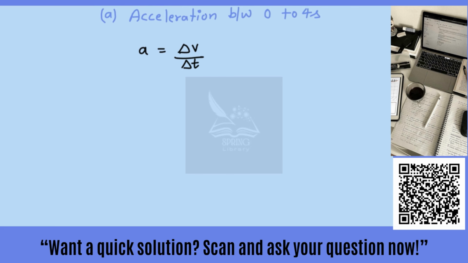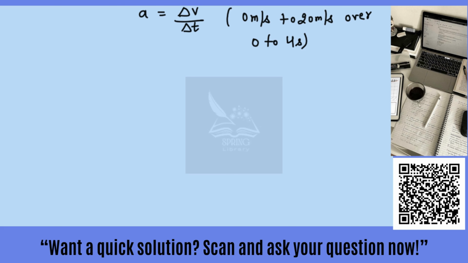So from the graph, we can see that the object's velocity increases from 0 meter per second to 20 meter per second over the interval of 0 to 4 seconds.